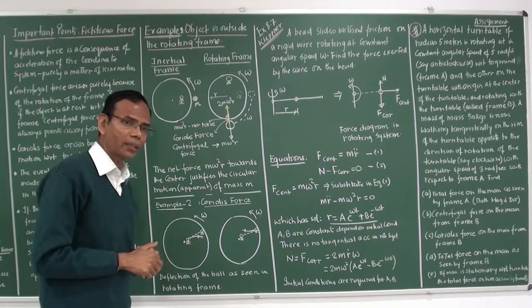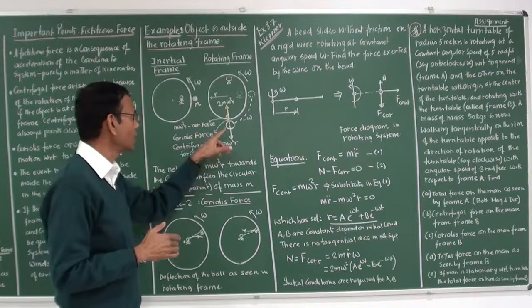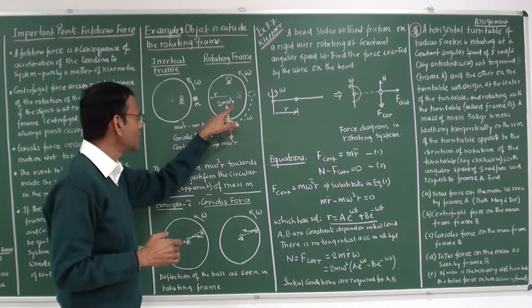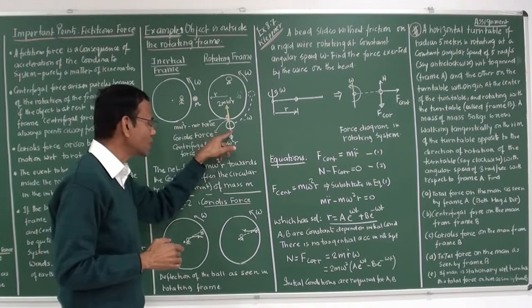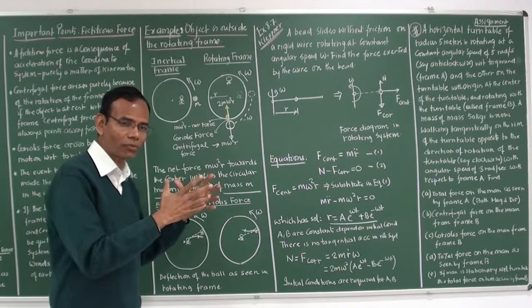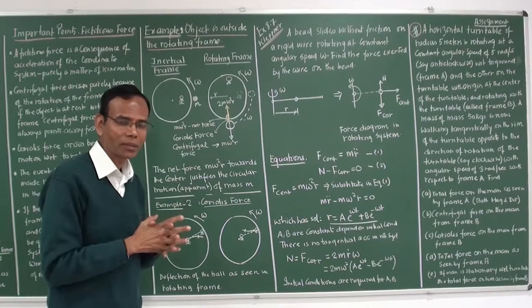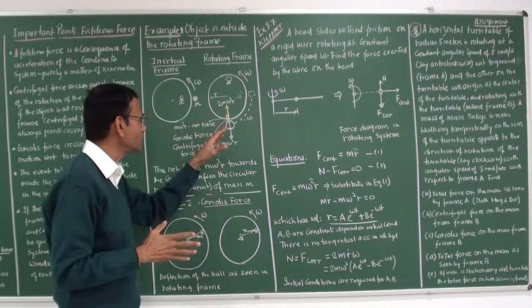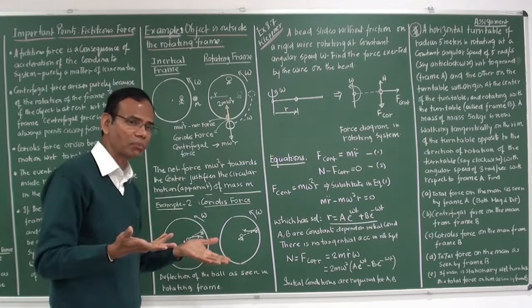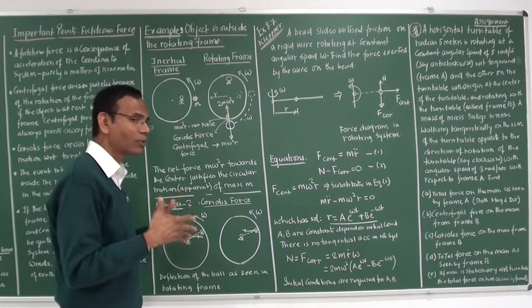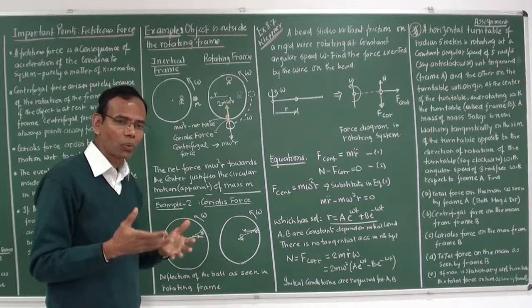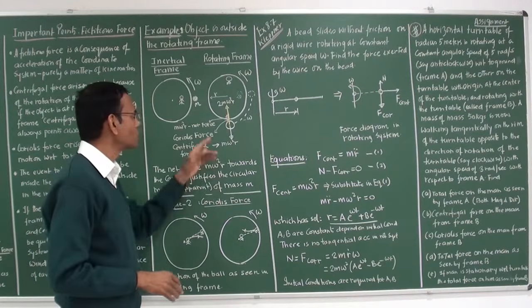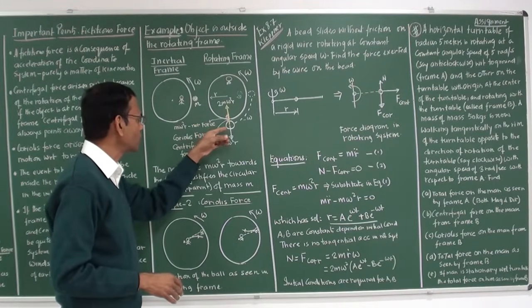Now if you calculate the Coriolis force, because this person, as seen by him, is rotating, with respect to the frame there is a velocity. Though the person is not in the frame but outside, but so what? There is a VR, the velocity of the particle with respect to the frame. And what is that velocity?